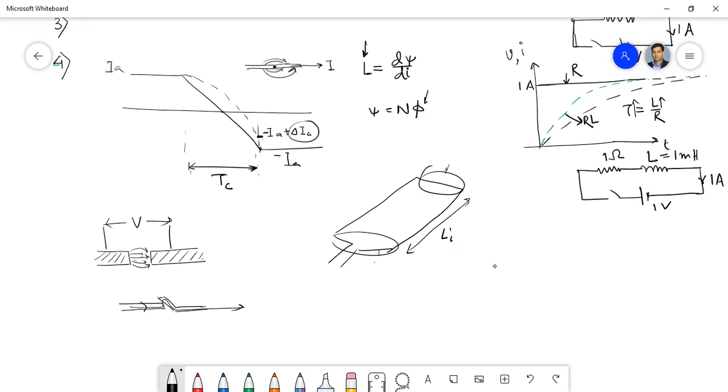The current value will be zero suddenly, isn't it? So when this switch is opened, for a very small time there will be some spark. Like this, there will be spark.